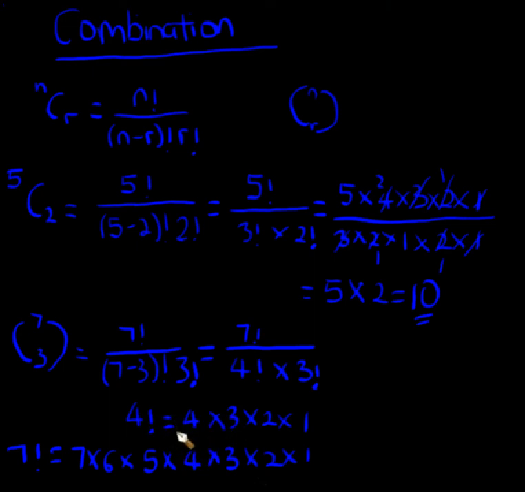If you're quite observant, you will notice that some elements that make up 4 factorial are also there within 7 factorial. So if I divide through right here, it can be clearly seen that within 7 factorial is 4 factorial.